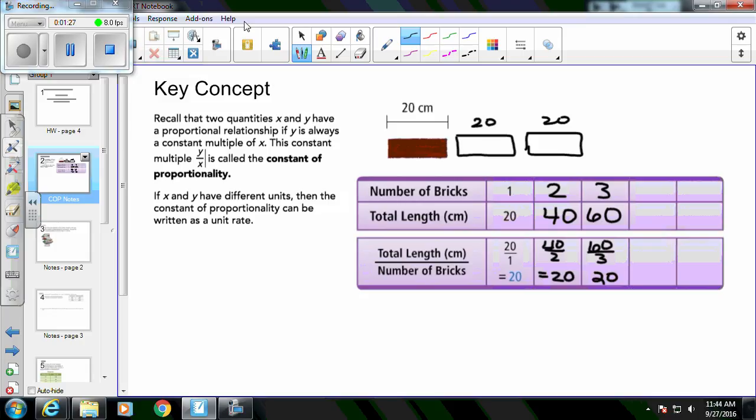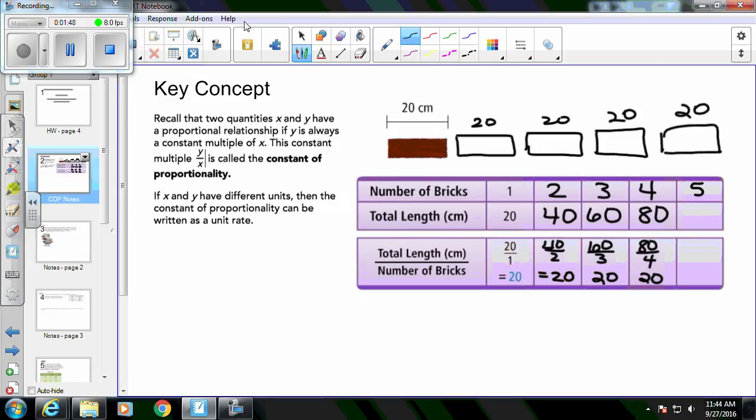If I add in a fourth brick, it has a length of 20 centimeters. The total length is 80 centimeters. And when I do 80 divided by 4, I again get 20. Let's throw in a fifth brick at 20 centimeters for a grand total length of 100 centimeters.